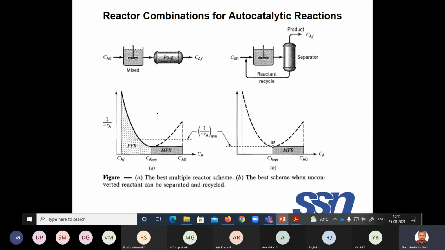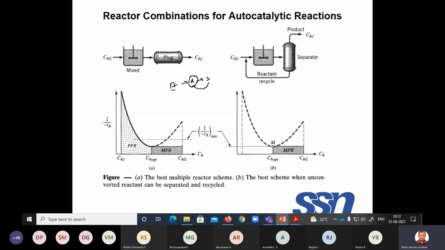This is just like a series reaction, A gives R gives S, where A gives you R and R gives you S. So there will be a place where you have maximum R.